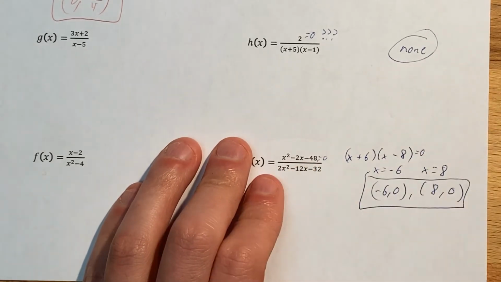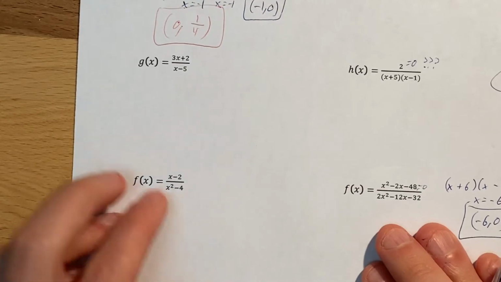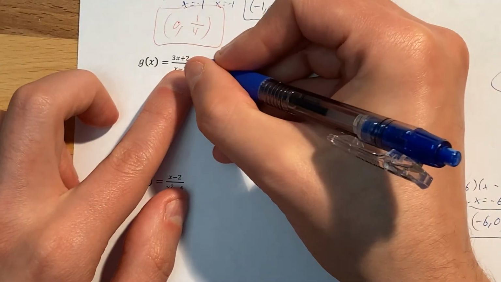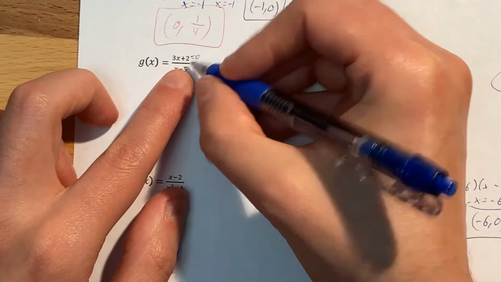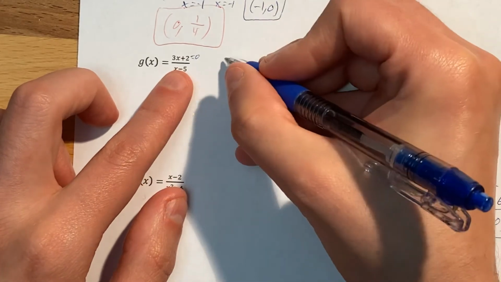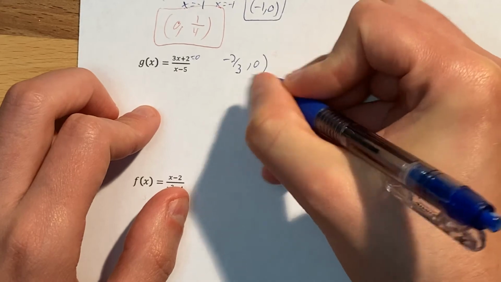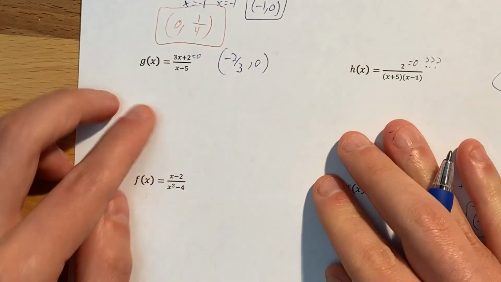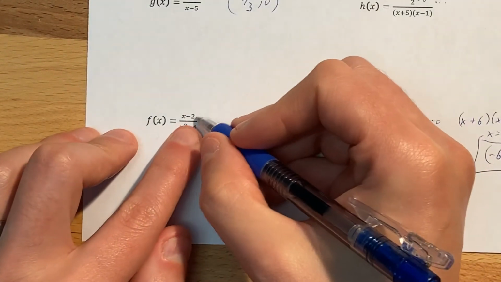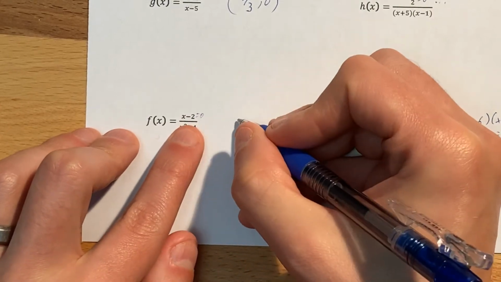Yay. X-intercepts here, you would subtract 2. If it's equal to 0, subtract 2 and divide by 3. So negative 2/3. Here you would set this equal to 0 and add 2, so you get positive 2.